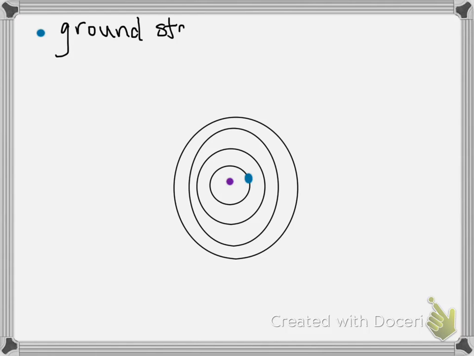Now what's going to happen is this electron is going to get hit with energy. That energy could be a form of light, it could be a form of heat, but as long as it is hit with the correct amount of energy, it's going to jump up a certain number of energy levels.